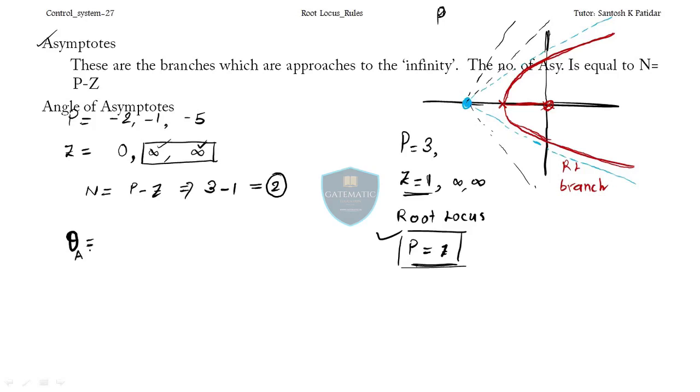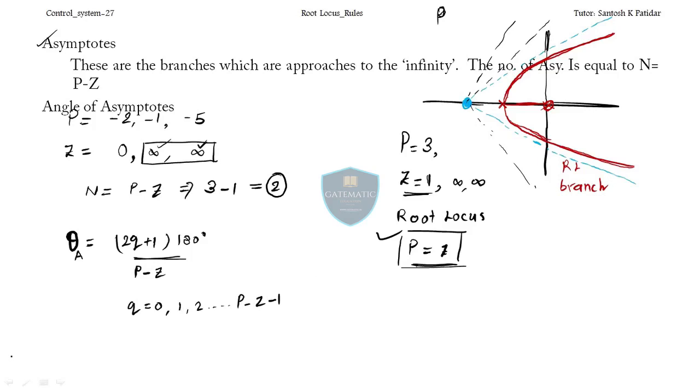So I'll take it theta a, and it's given by 2q plus 1 into 180 degree divided by p minus z, means number of p minus number of z, where q is 0, 1, 2 up to p minus z minus 1.